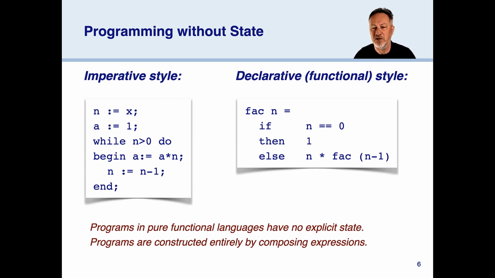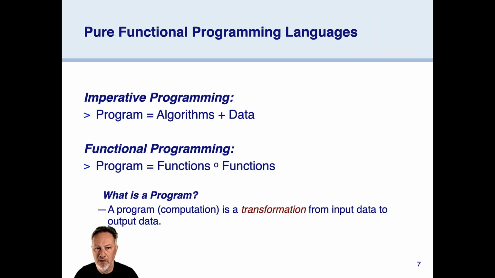So programs are constructed entirely by composing expressions. So if the imperative programming style or paradigm can be described as programs consisting of algorithms manipulating data, then the functional programming style can be described as functions composed with other functions, or alternatively that programs are transformations from input data to output data.